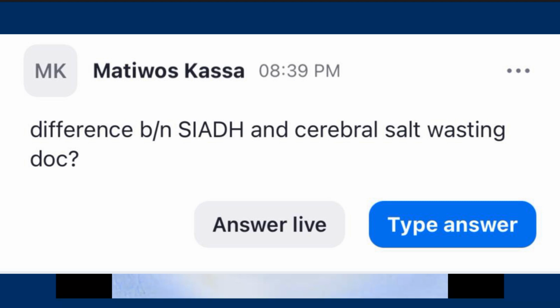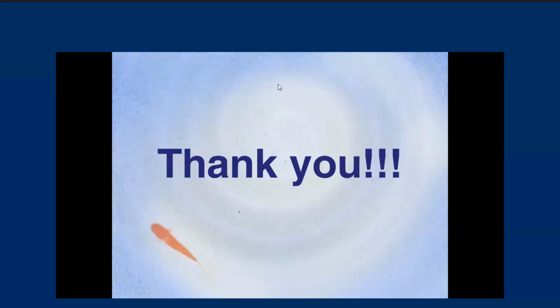The other is the fractional excretion of urea after treatment of the hyponatremia. If the fractional excretion of urea remains high despite treatment of the hyponatremia, then that gives us a clue that the likely cause is cerebral salt wasting syndrome.